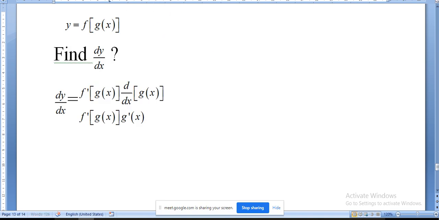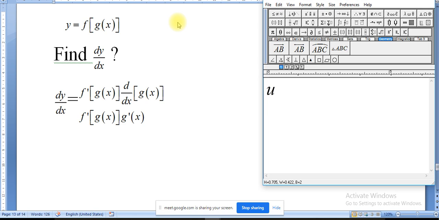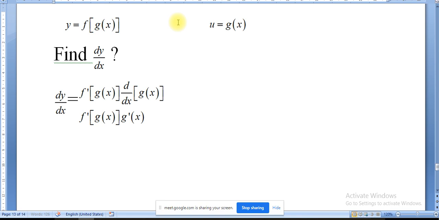Now a few more notations I will introduce. Let u be equal to g of x. When I say u is equal to g of x, look here, we will replace g of x by u.